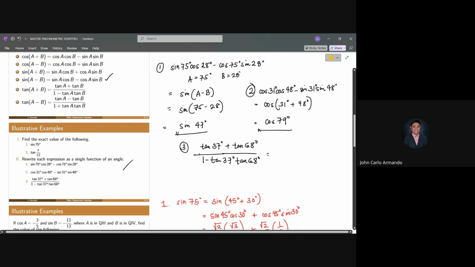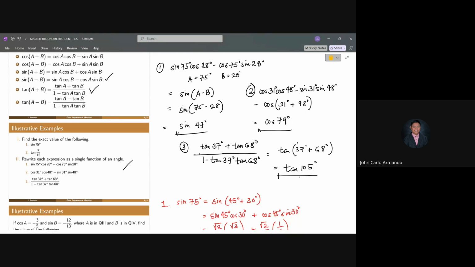This is the same as number 5, tan A plus B, so tan A plus tan B divided by 1 minus tan A tan B. That is equal to tangent, where A is 37 plus B, 68. 8 plus 7 is 15, carry 1, 3 plus 6 is 9, plus 1 is 10. Tangent 105 degrees. And that is the answer.